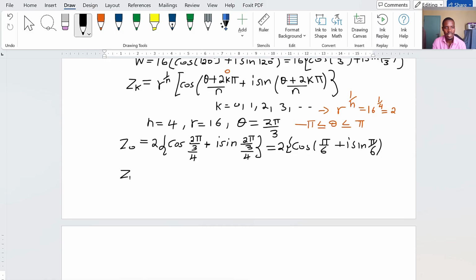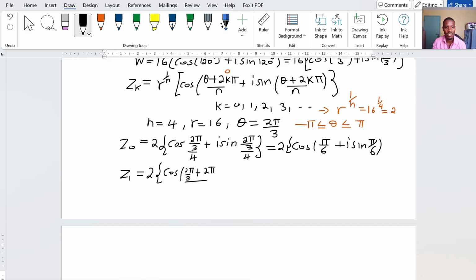So we have Z1 will be equal to, still remain 2, but now what will be our cos? Cos theta is our 2 pi over 3, then plus, now k is 1, so 2 times 1 pi will be 2 pi.